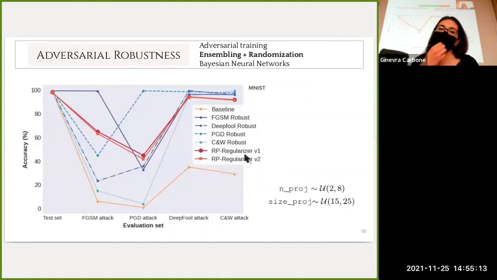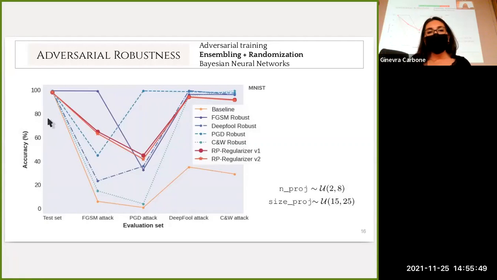This is just a plot for the RP regularizer method. Let me just show this one. What I'm showing here is the test accuracy achieved by two regularizers that we trained using a uniformly sampled number of projections and size of each projection at each training step. At each mini batch update, we are randomly sampling these two hyperparameters and then updating the weights.